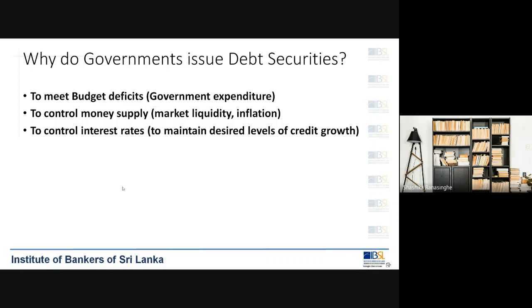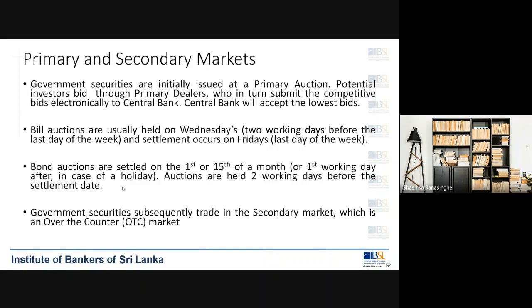When the government issues treasury bonds or treasury bills, the investor will be giving rupees to the government or to the central bank, so that rupee amount will go out of the market and liquidity will drop. Then to control interest rates: by changing liquidity in the market, interest rates can also be controlled. For these purposes, governments will issue bonds and bills. Okay, time is up for today. Shall we wind up?